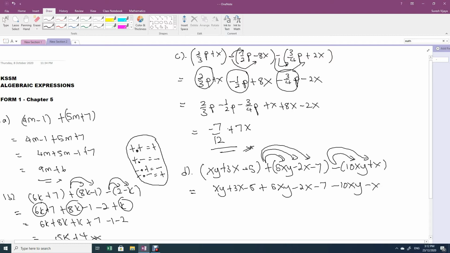So we solve this. I write it down so that you can use it as reference. We have xy plus 5xy, arrange the like terms together, xy plus 5xy minus 10xy.